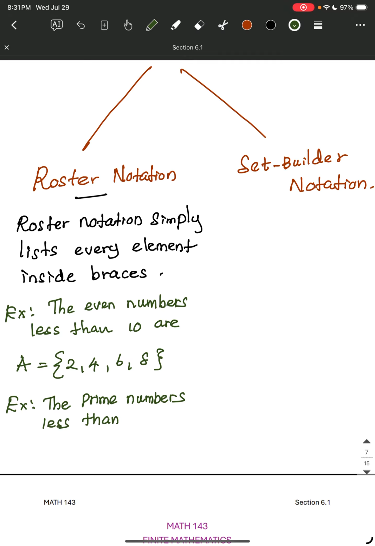Let's say set B, prime numbers less than 20, the numbers that have only the factors 1 and itself: 2, 3, 5, 7, 11, 13, 17 and 19. So roster notation works well whenever we can list every element, right?